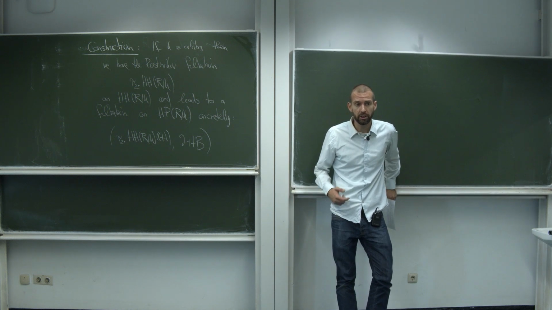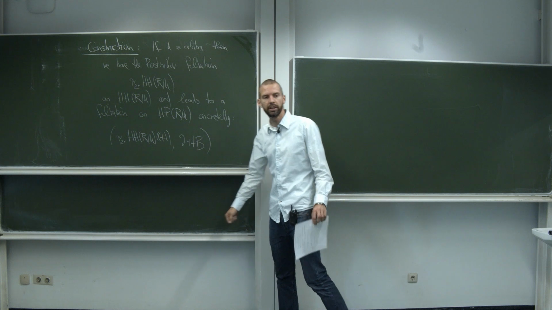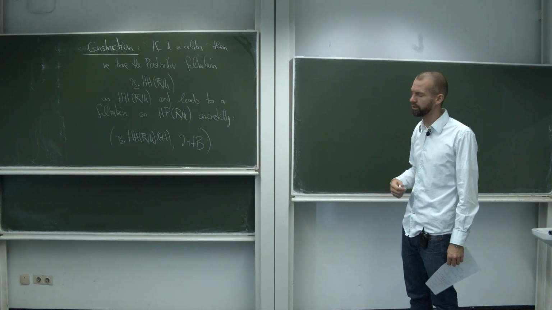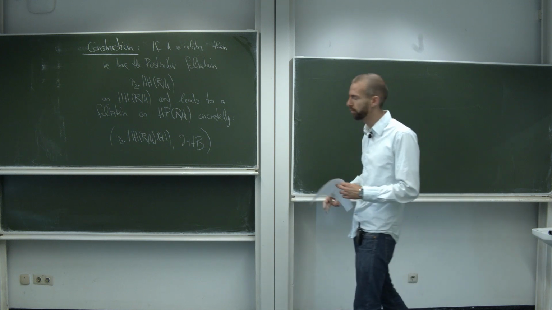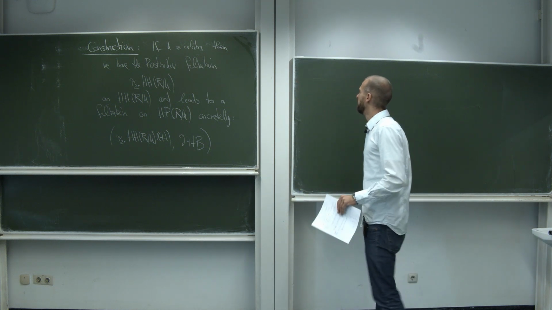It's a Postnikov filtration. That's the most canonical filtration. It's not the stupid truncation or anything. A stupid truncation in this case would also be compatible with product structures, but the Postnikov truncation always is.